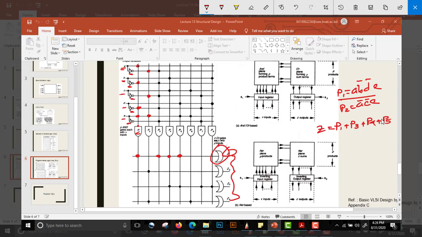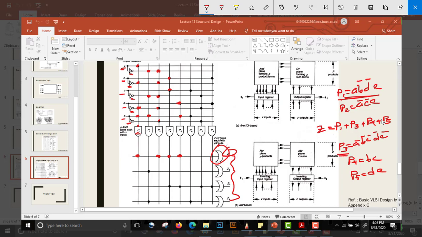Now we know P1 is equal to this, and P3 is equal to A bar, B bar, C bar, D bar, E bar. Our P4 is equal to BC, and our P5 is equal to DE.